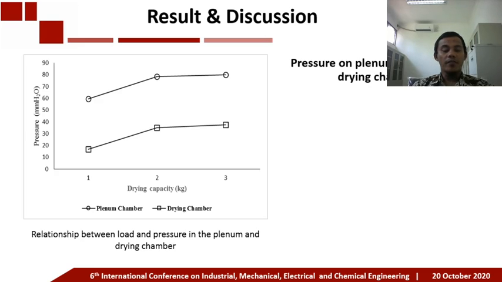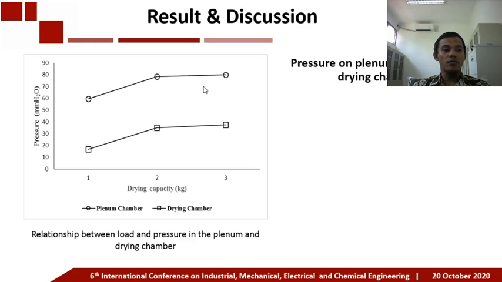And this is the pressure in the plenum chamber and drying chamber. The analysis for the drying machine is the pressure in the drying chamber and plenum. We can see it here. This is the mass of unhulled rice 1, 2, 3, and this is the line of the pressure in the plenum chamber and drying chamber.